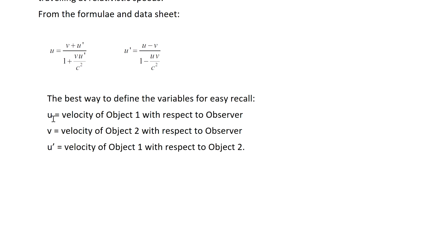The way that I did it for the best consistency is to write down u, v in alphabetical order and then u dash, where u is object 1 with respect to observer, v is object 2 with respect to observer, and u dash is object 1 with respect to object 2. You need to write it down in that order to make sure that you get all the signs correct when using your equations.